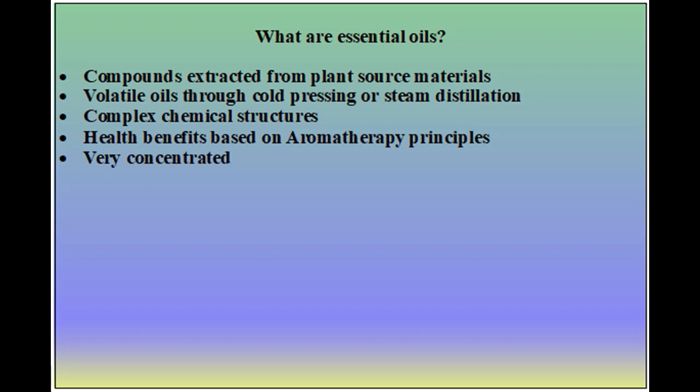So those three are the main types. They are very complex in nature. If you break down, for example, lavender essential oil, you'll see quite a few different chemical compositions in the oil, and how those chemicals react with the body and how they make us feel.